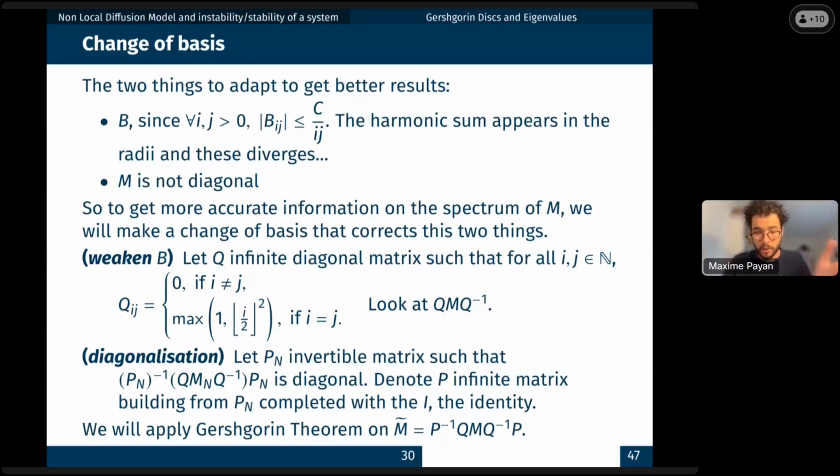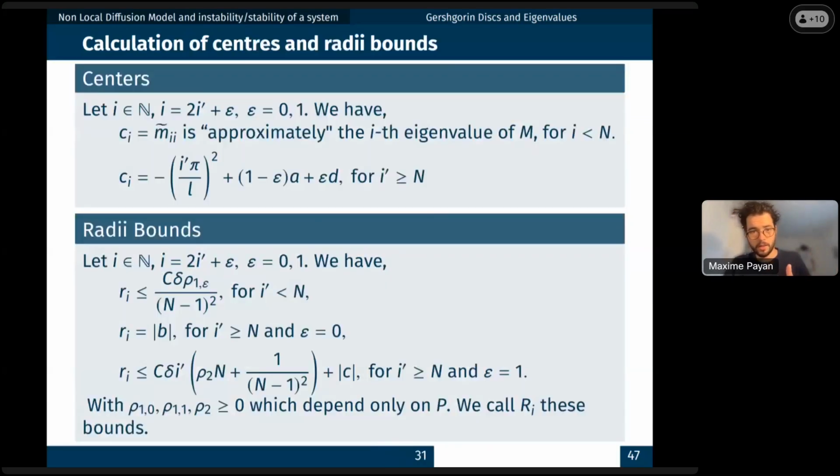So now we have to compute the centers of this new matrix M tilde, okay, and the radii. So what we have is this. The first centers, for an index of the row smaller than n, are approximately the ith eigenvalue of M, okay, because we take an almost diagonalization of M index n.